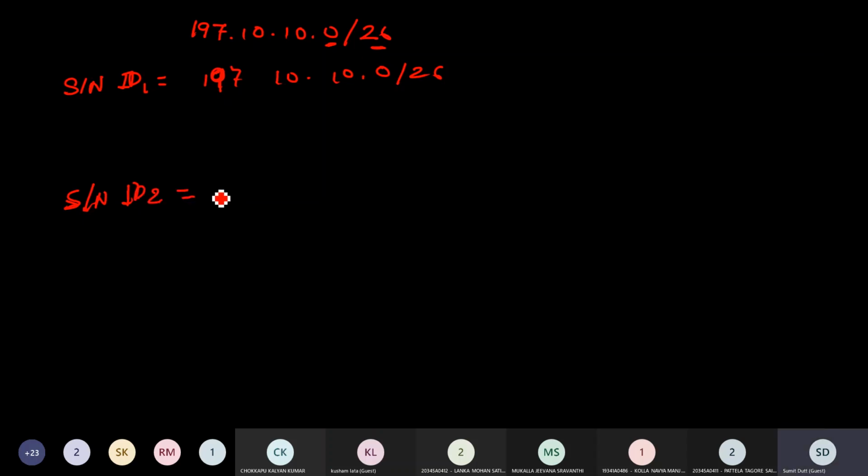Can anyone tell me which will be my next subnet ID IP address? See, this is my first network. How many users are possible in one network after subnetting? 64. 2 to the power n minus 2 is greater than or equal to 40, and n is equal to 6, so it will be 64.